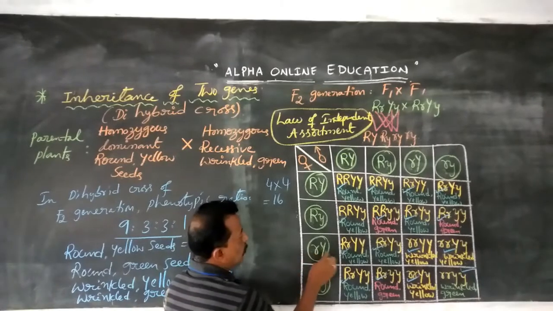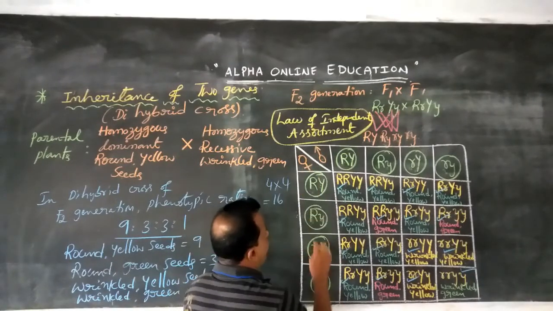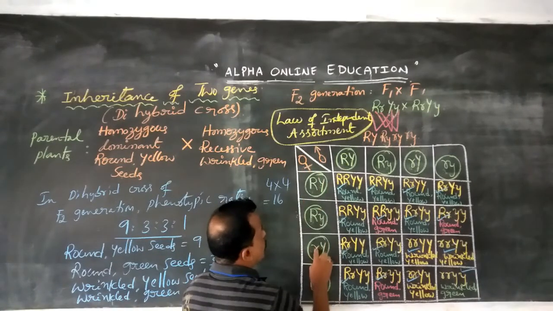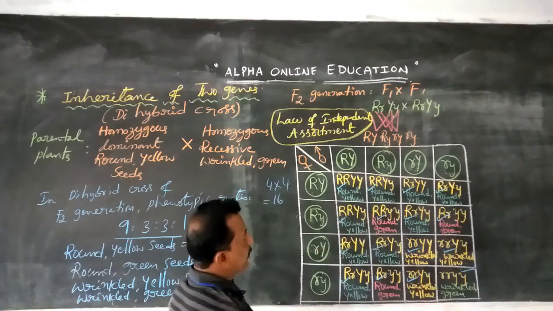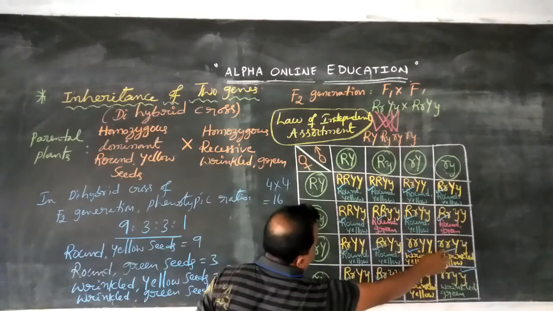So this is the third row, where one female gamete crosses with four male gametes and four types of genotypes appear.